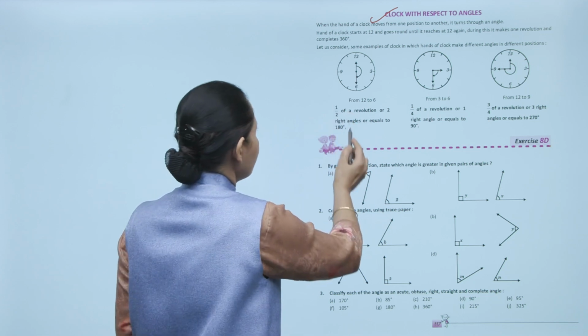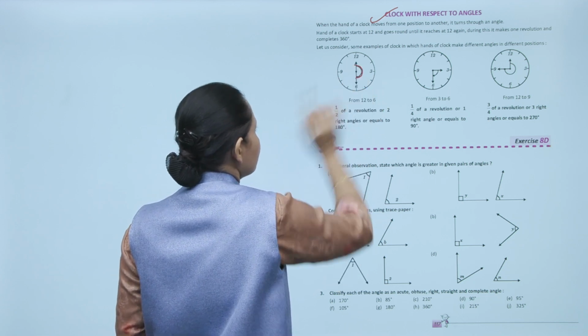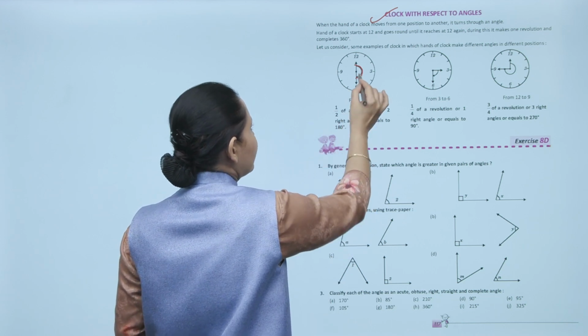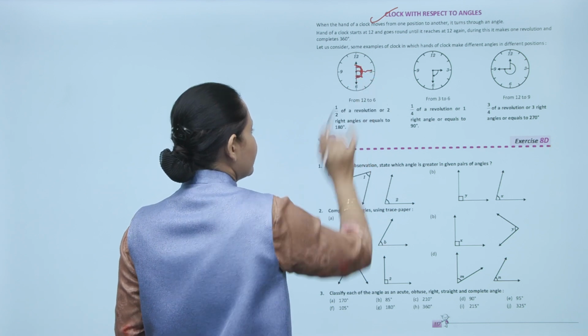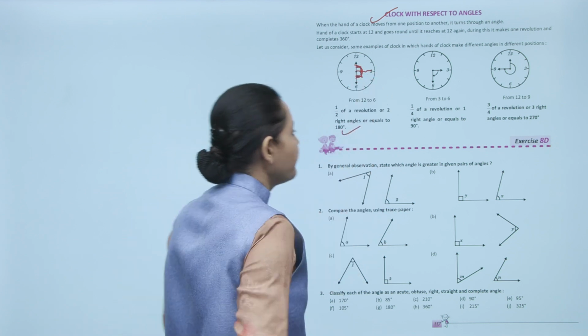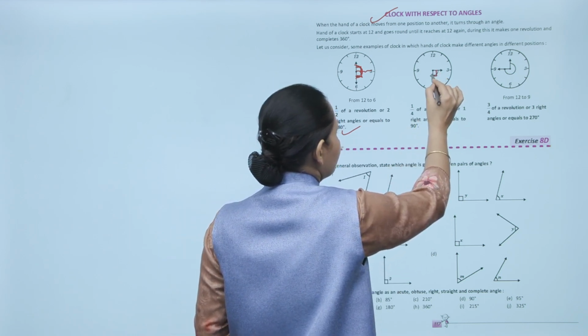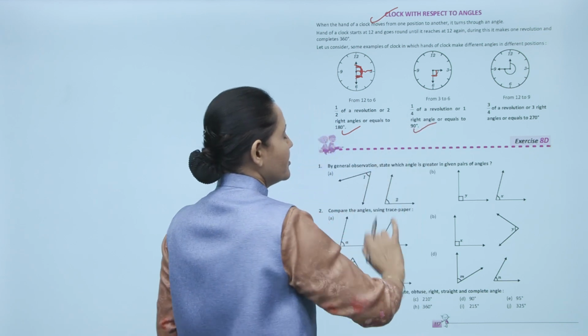So in the first, from 12 to 6 means 180 degrees, half of the revolution or two right angles, like this. If we do this, it is two right angles, that is 180 degrees. From 3 to 6, one right angle, which is equal to 90 degrees, 1/4.